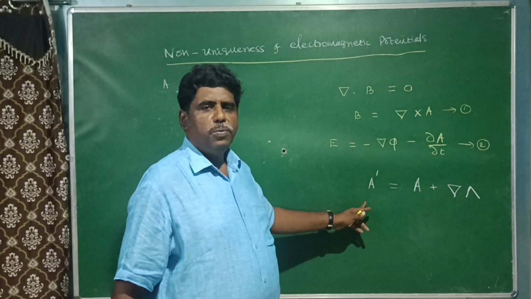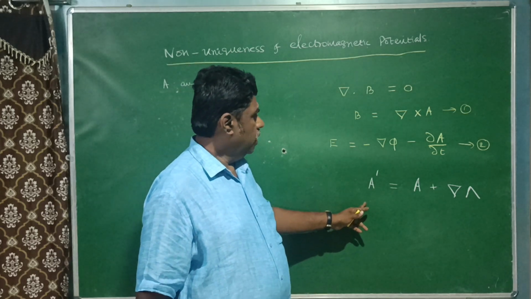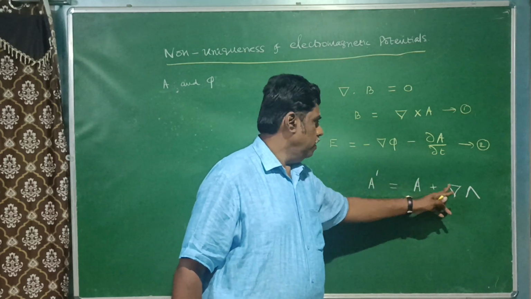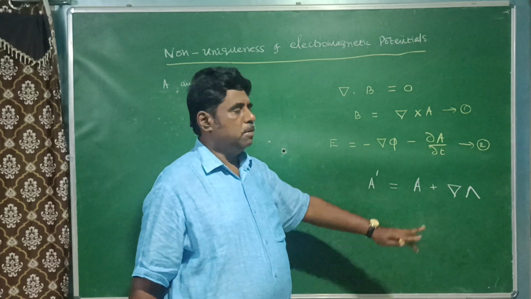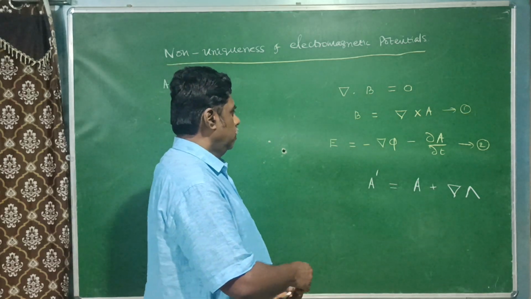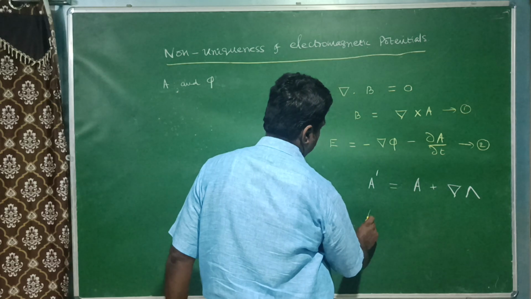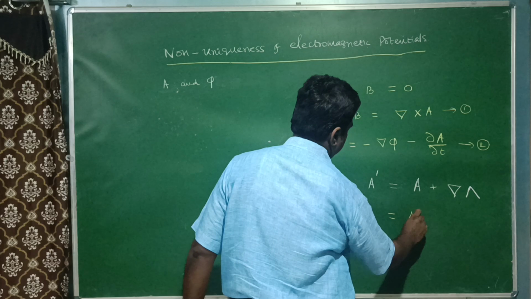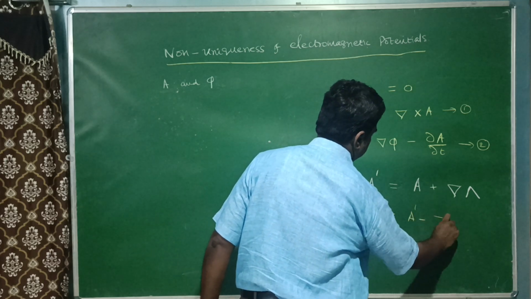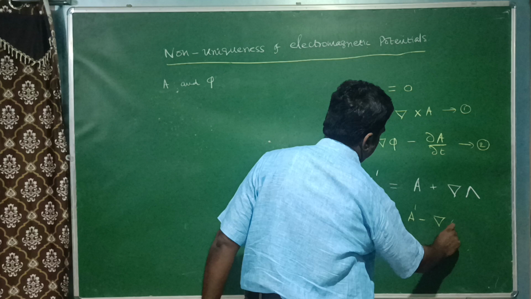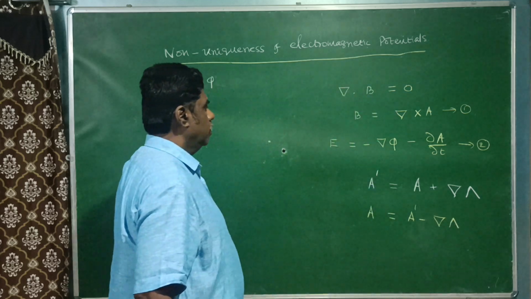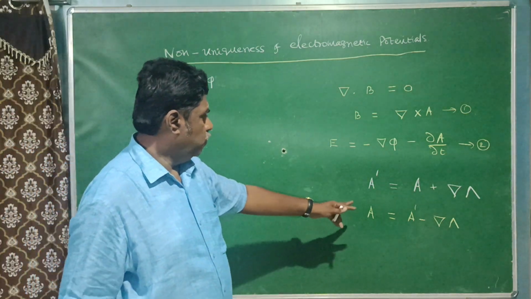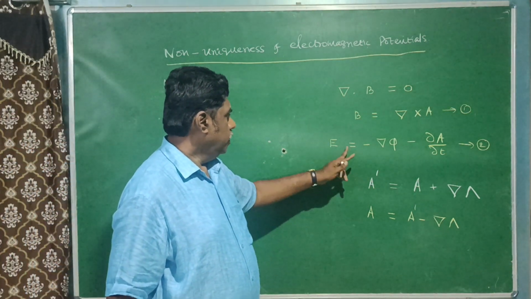A dash is a new vector potential and is obtained by adding the gradient of a scalar function lambda to our actual vector potential A. From this we can write A equal to A dash minus grad lambda. Now substitute this value of A in equation 2.